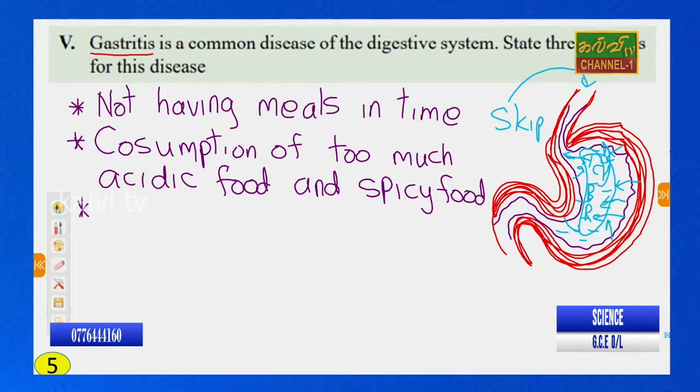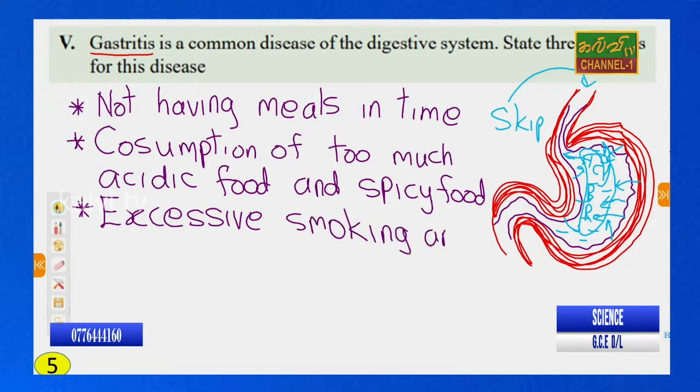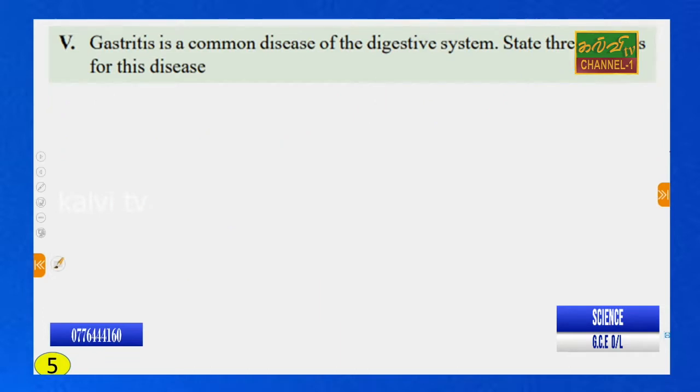And the third one, excessive smoking. Smoking and alcohol are also reasons for gastritis. Okay students, we will move to the next question. So not having meals in time, consumption of too much acidic and spicy food, and excessive smoking and alcohol are the reasons. Okay, move to the next slide.